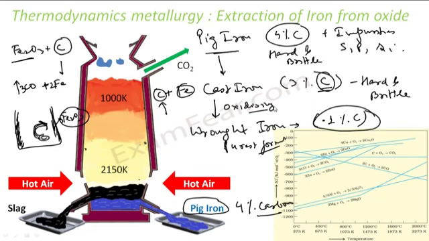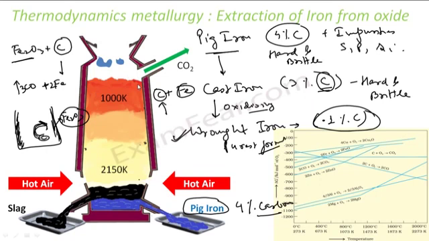And if it is 0.1%, we call that wrought iron. A good example is the whole Eiffel Tower, the big Eiffel Tower, which is constructed using this wrought iron. This is the purest form of iron. It is commercially used to make bridges, houses, everywhere we use this wrought iron. Correct? So it's a very important process.